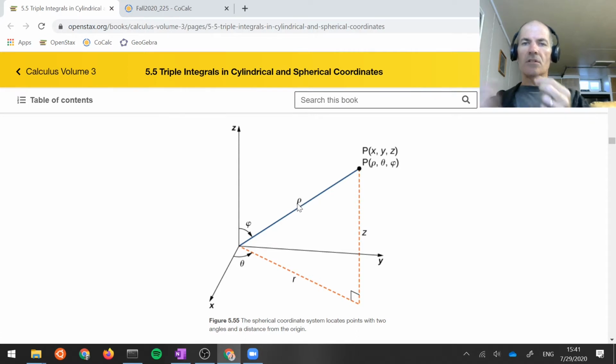Rho is the distance that the point is from the origin. Phi is the angle from the z-axis. And remember, it starts at 0 when we're along the positive z-axis, and it goes all the way around to pi when we're pointing along the negative z-axis.